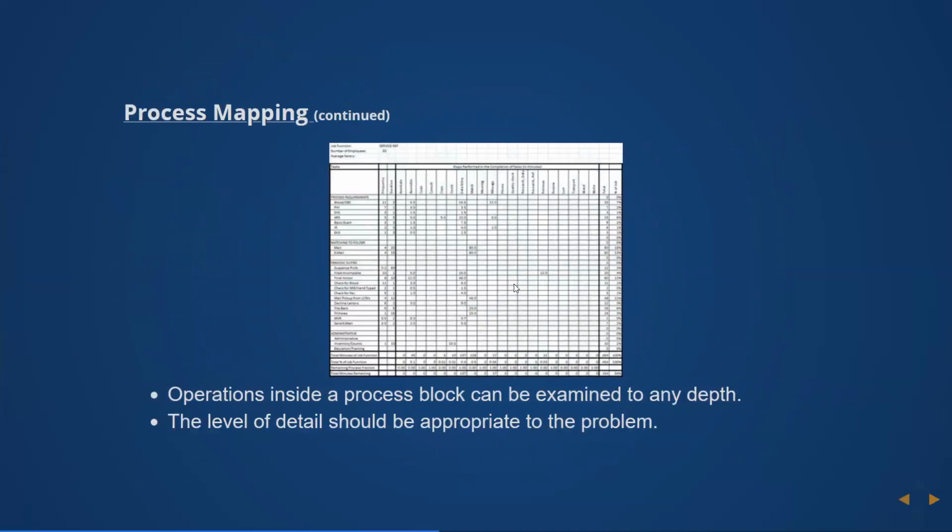So if you look inside a process, this was for a disability insurance underwriting business process I automated back in the early 90s.